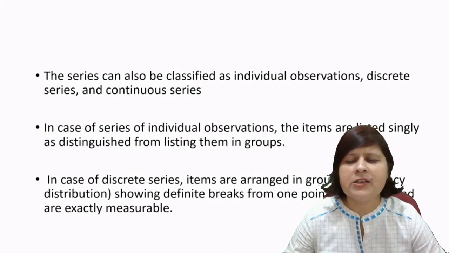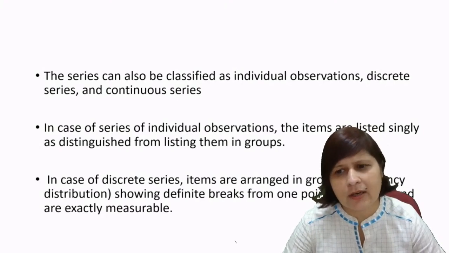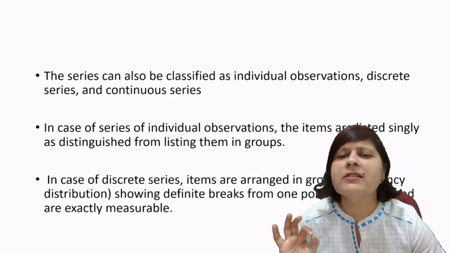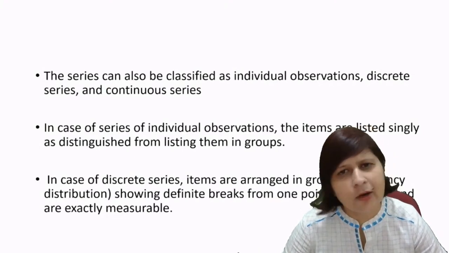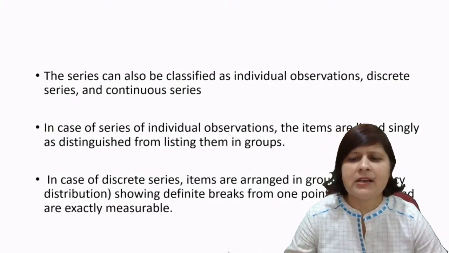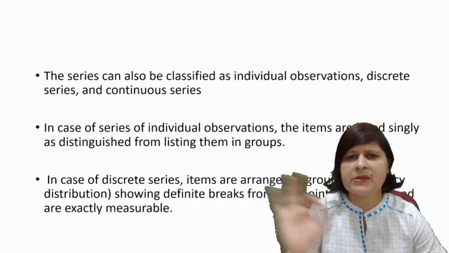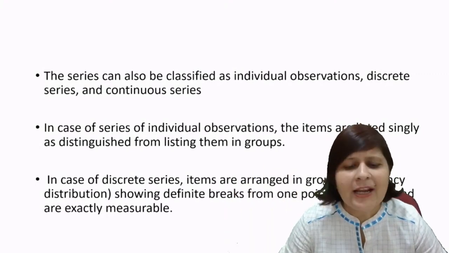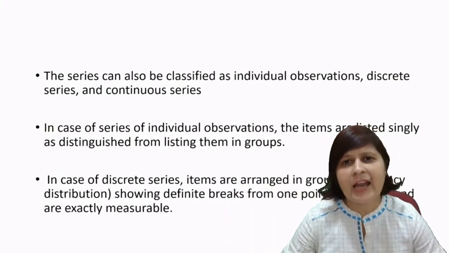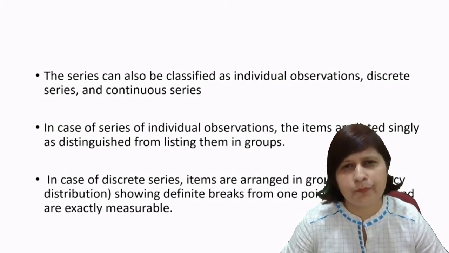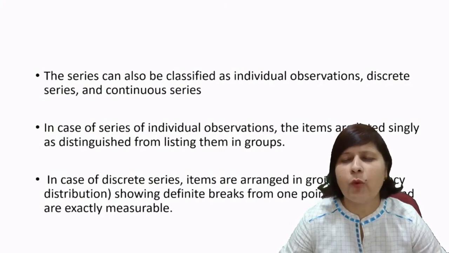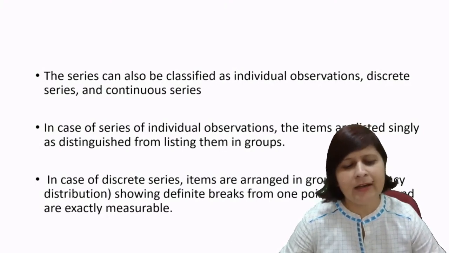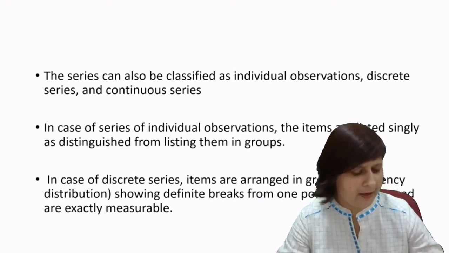In a series of individual observations, the items are listed singly, as distinguished from listing them in a group. While in the discrete series, items are arranged in groups, that is in frequency, showing a definite break from one point to another and are exactly measurable.